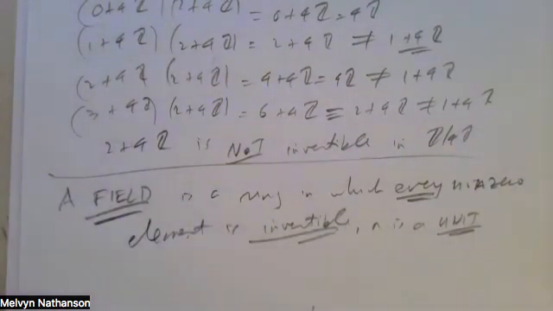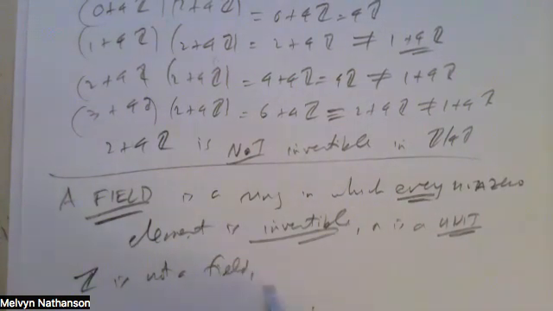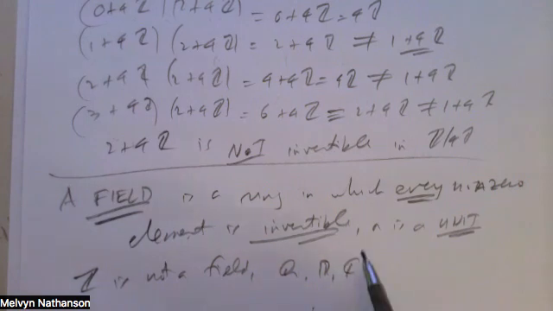So a ring where every non-zero element is invertible, that's what a field is. So Z is not a field. The rationals, the reals, even the complex numbers are fields.